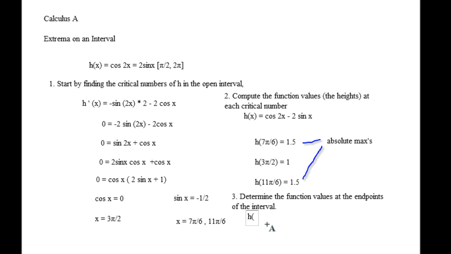So h at pi halves is going to be negative 3, and h at 2 pi is going to be equal to 1. So what this means is that this is going to be an absolute minimum on this interval.